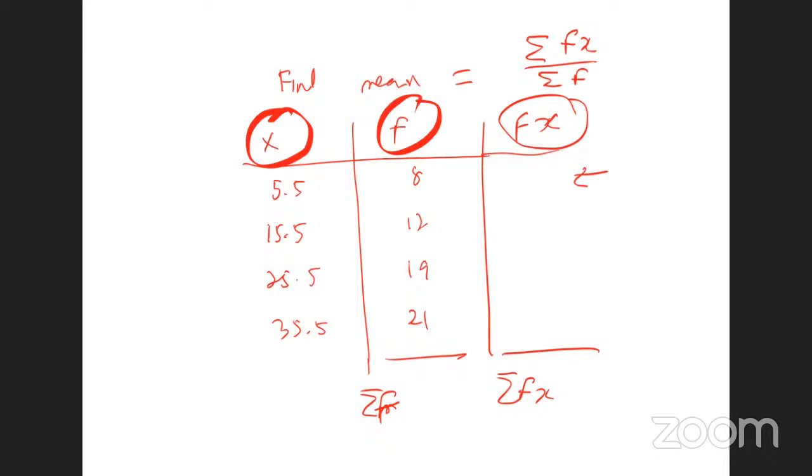Multiply, tell me what you get. Use a calculator. Multiply each one out, tell me what you get, and then add it up. Quick, quick, quick. Work it out in your book and find the mean.